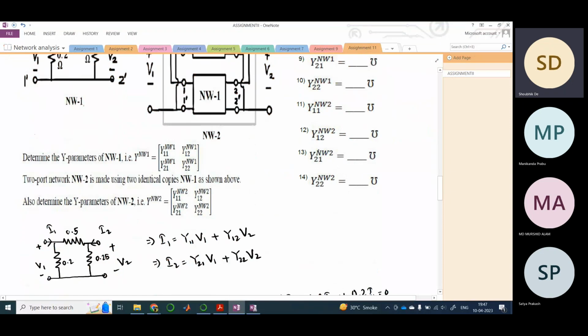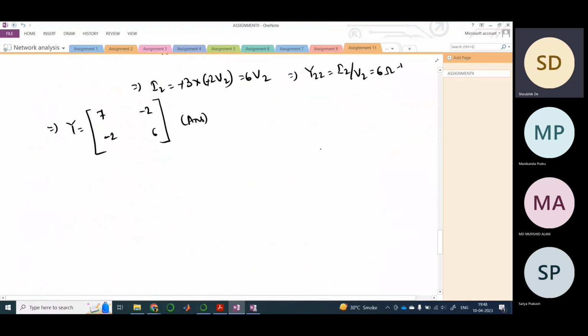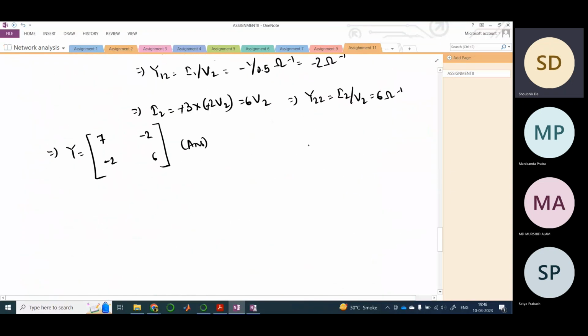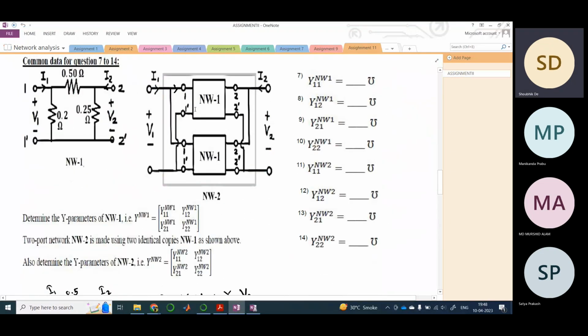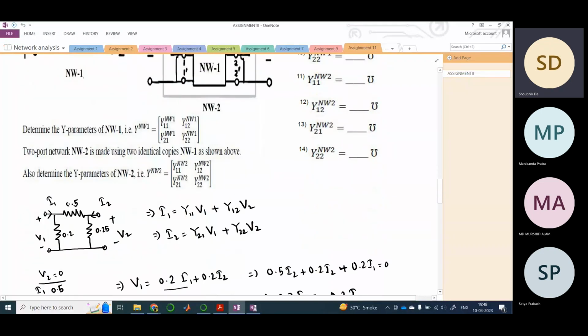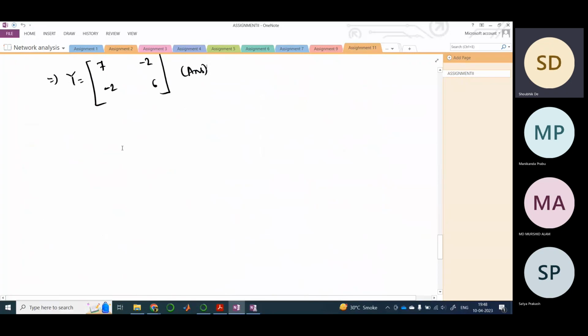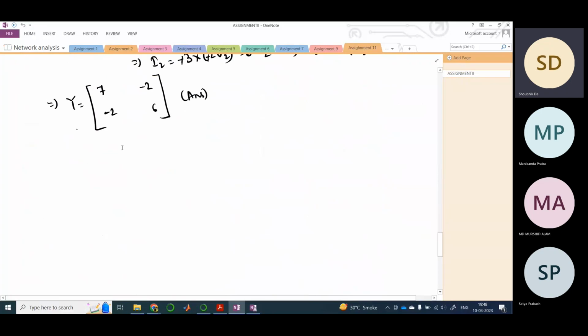So basically, now we just need to add this. This is our Y1, since the networks are connected in parallel, it would be the addition of these. This is again our Y2, right?